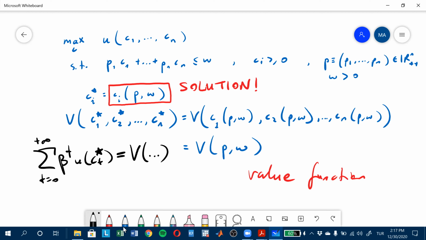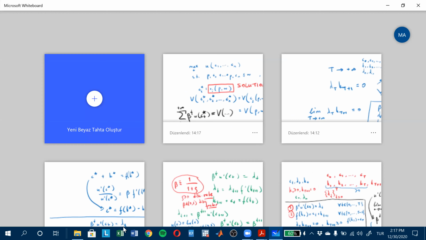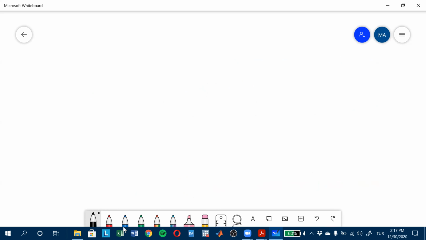And now to understand that, we have to try to understand how the sequence approach really solves the problem. So the problem is again this: maximize, from t equals 0 to positive infinity, beta^t u(c_t).